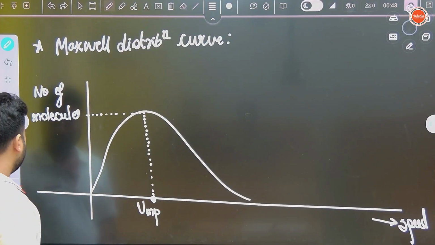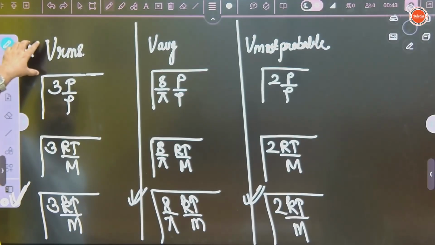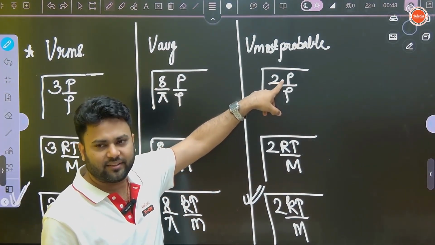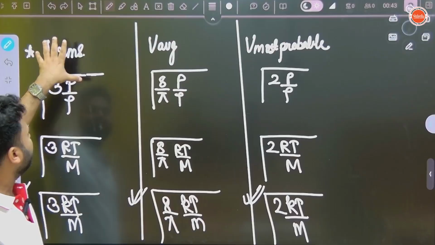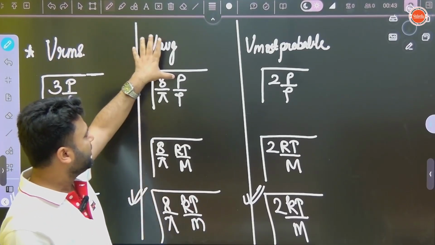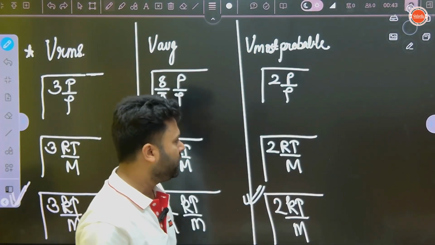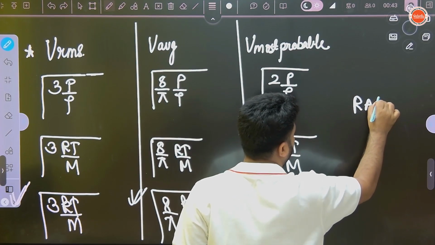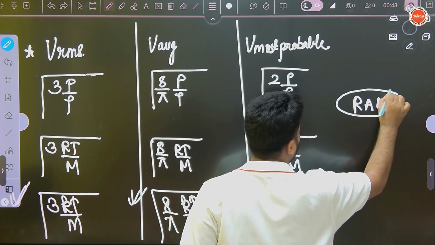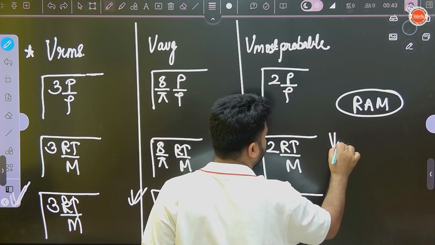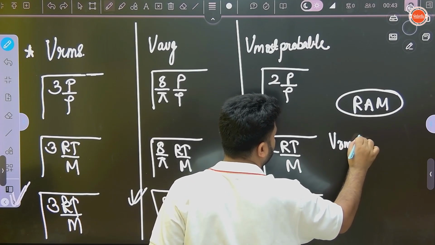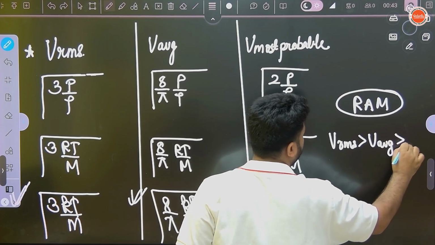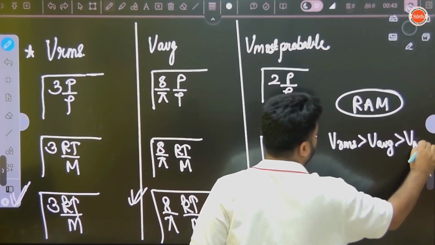Acha. See here, this is less than this, this is further less. Always remember, V RMS is greater than V average, which is greater than V most probable. You can remember it like the word RAM. R for RMS, V RMS is greater than V average, average speed, greater than V most probable.